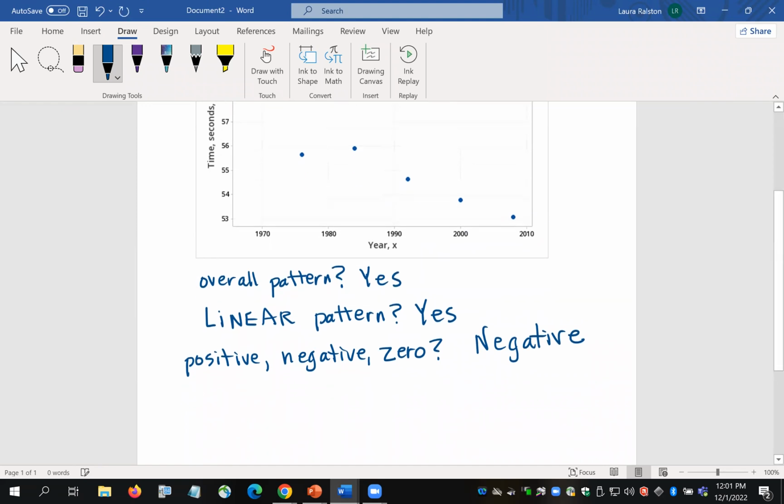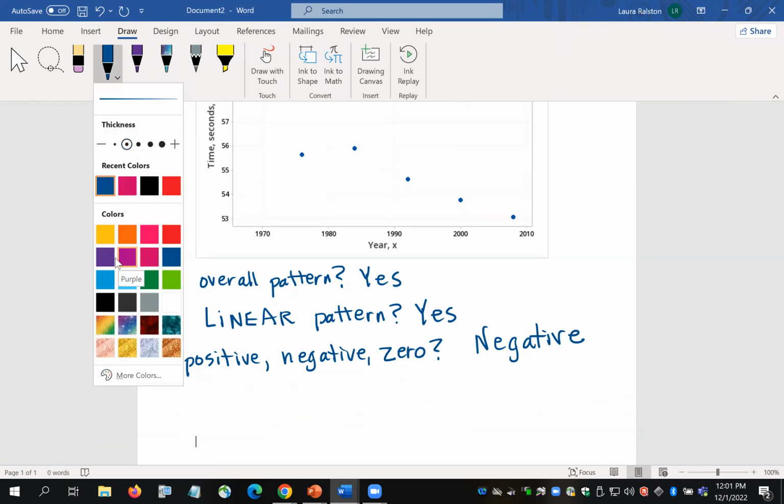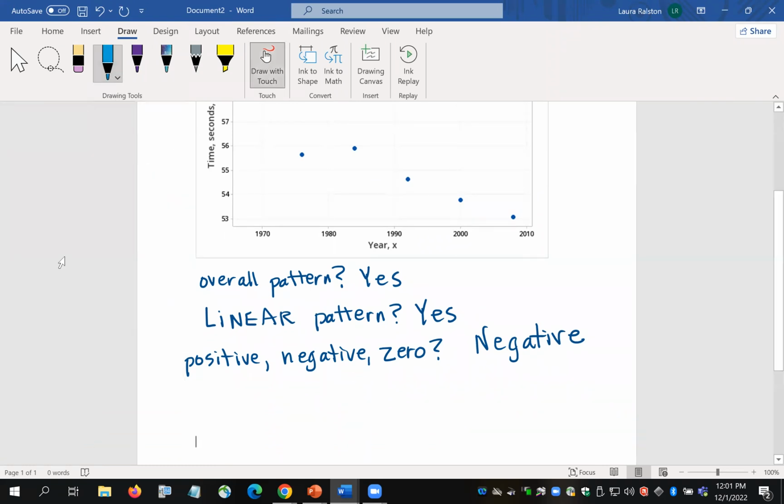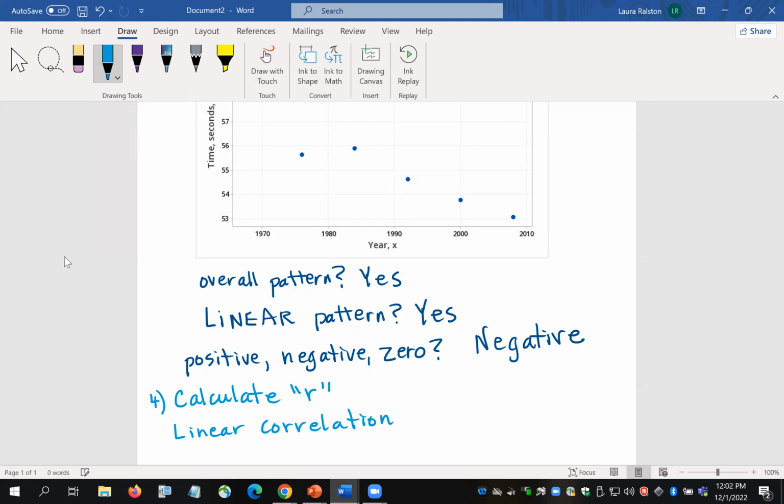But remember, guys, we do not get to rely just on our eyeballs. So then we go out and we calculate the r, which is the linear correlation coefficient.